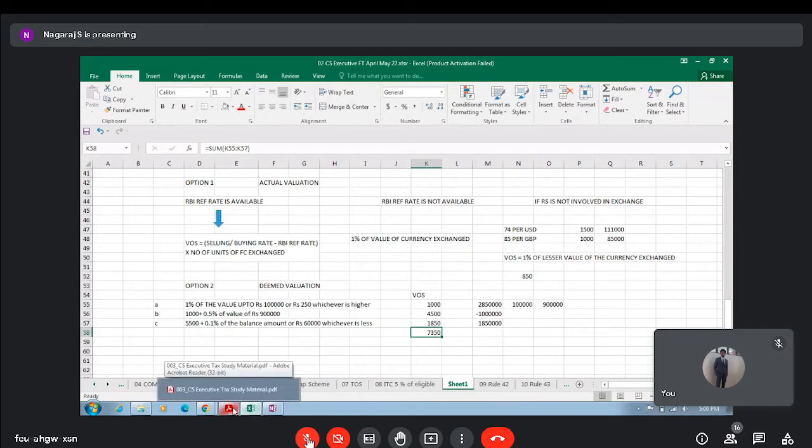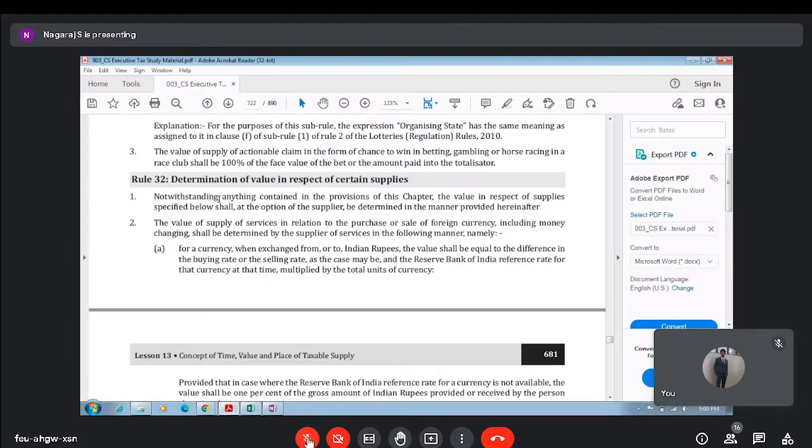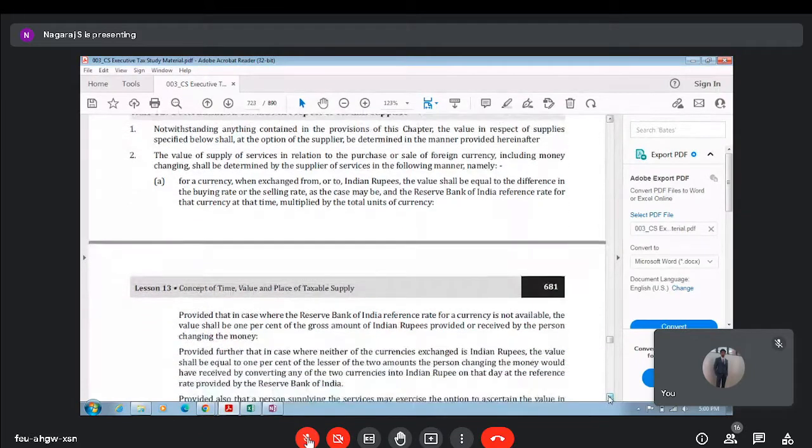Now I will show you the text. This one. Second one. The value of supply of services in relation to purchase or sale of foreign currency, including money changing, shall be determined by the supplier of services in the following manner. That means foreign exchange.